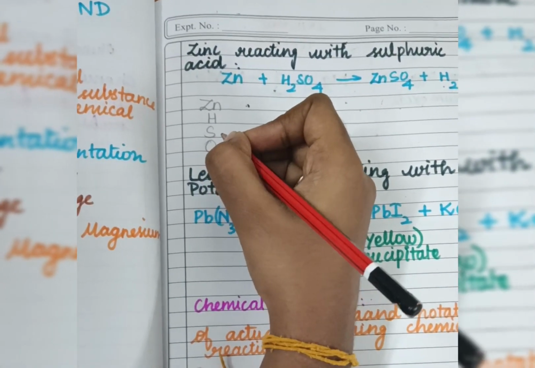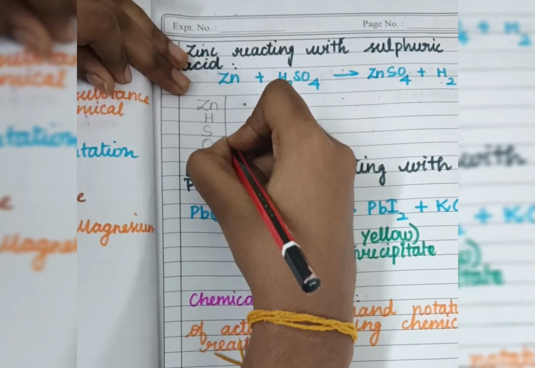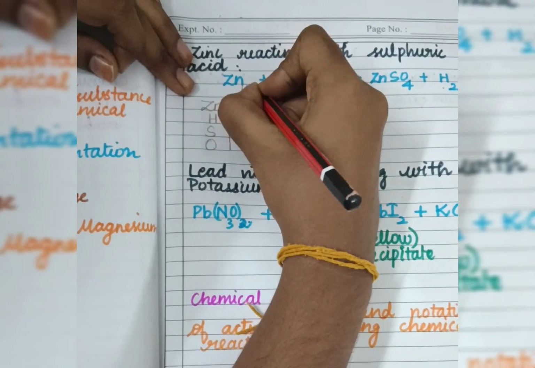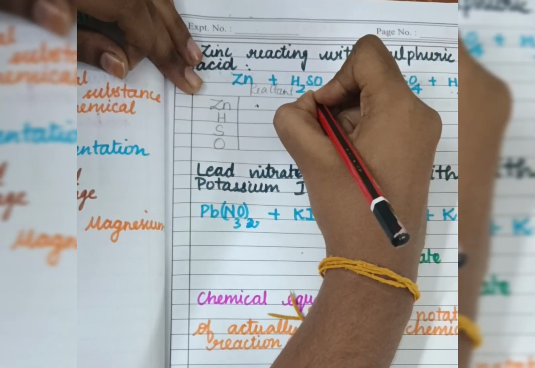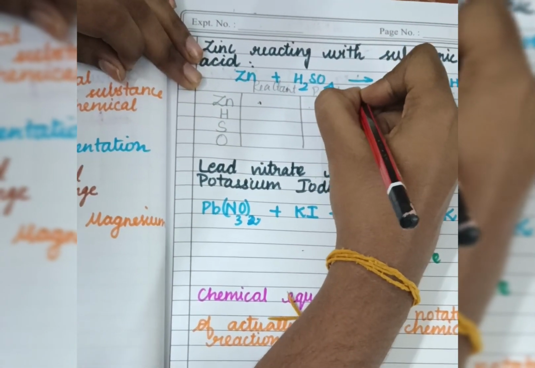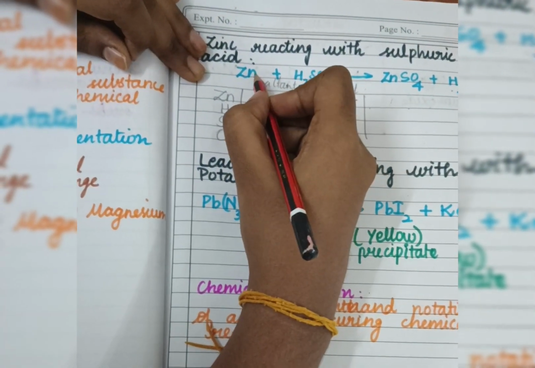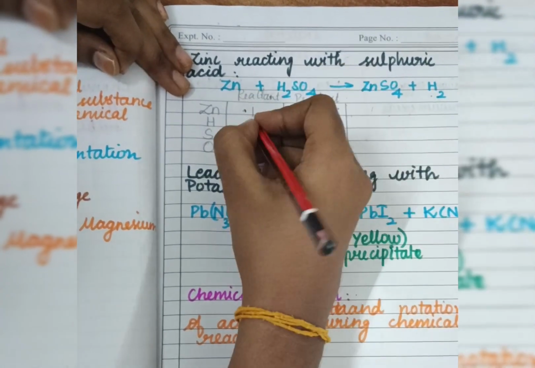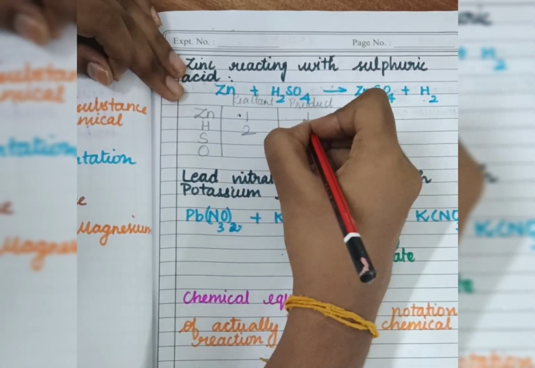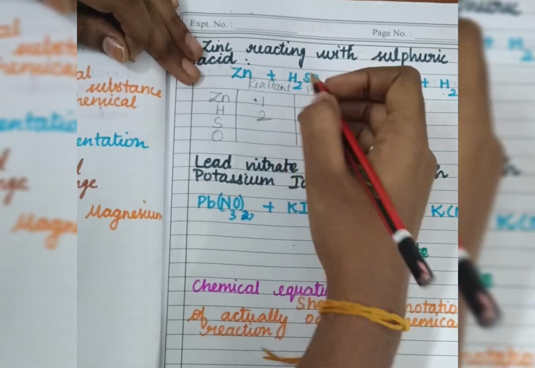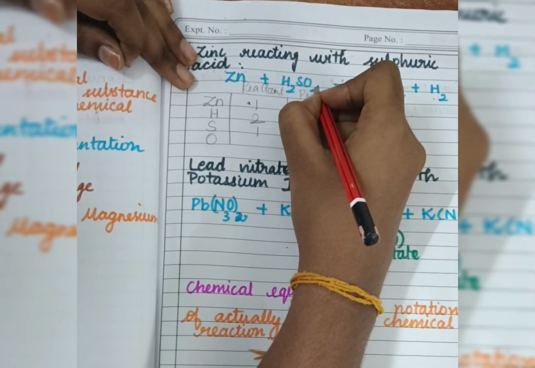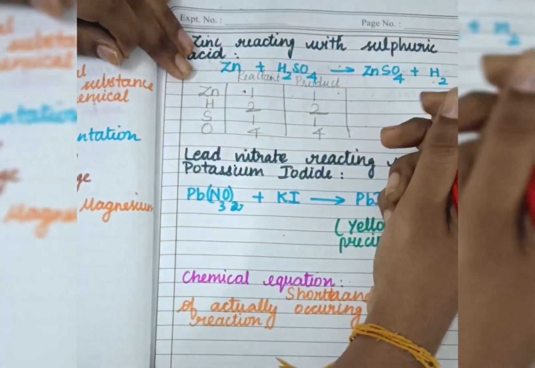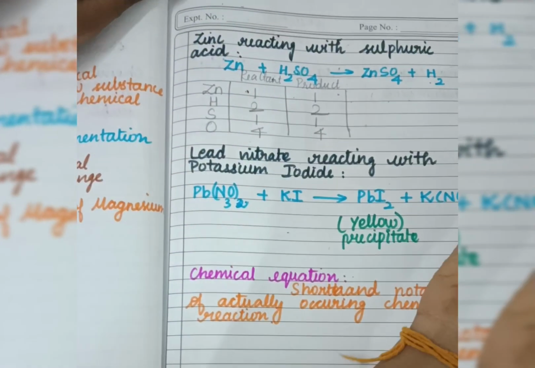Zinc, sulfur, oxygen, hydrogen. The number of zinc atoms present here is 1, here also 1. Hydrogen 2, here it's 2. Sulfur 1, sulfur 1. Oxygen is 4 and here also 4, which shows that this reaction is already balanced.